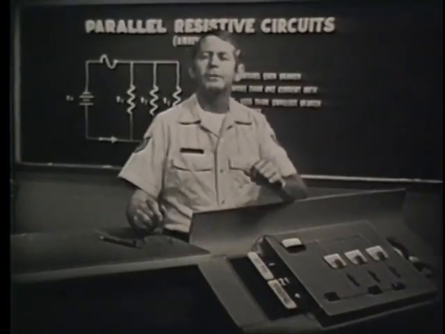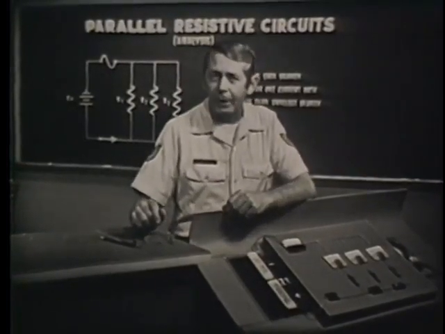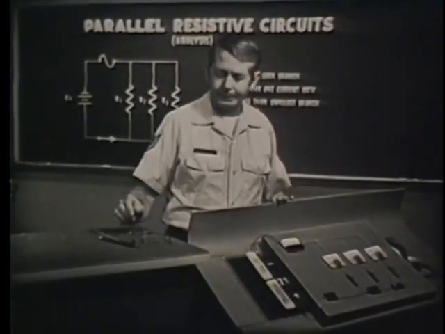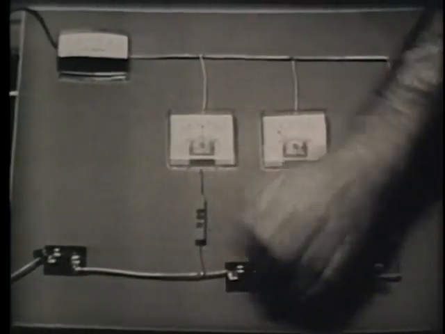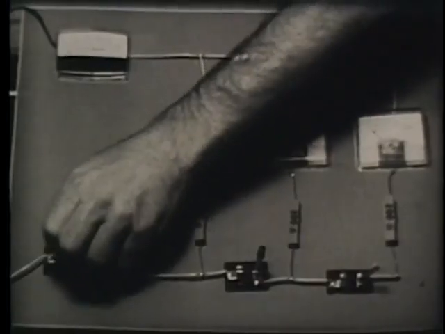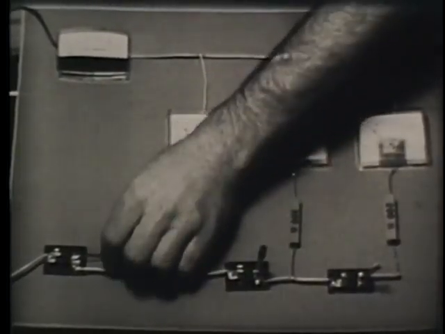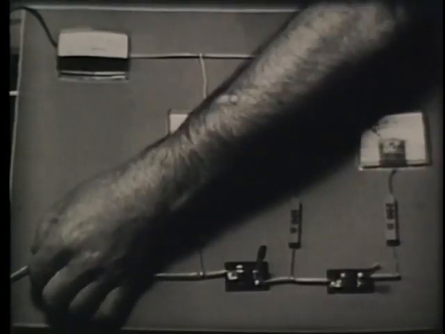Now, if the process of reducing total resistance still bothers you, let's look at it another way. For example, when we open all of these switches, there's no current flow because there's an infinite resistance between the terminals of the battery. When I close one switch, we have current.